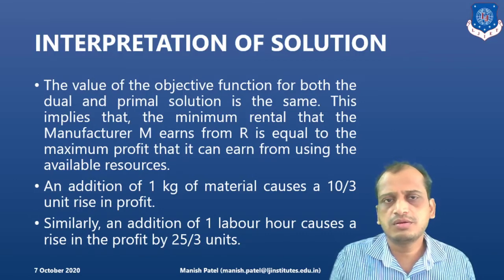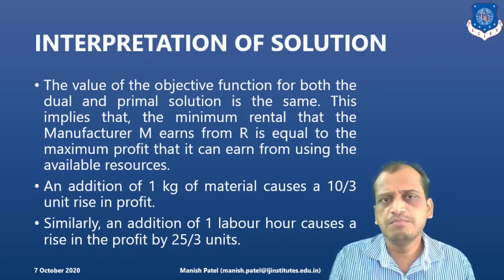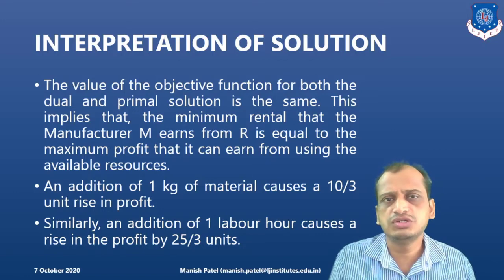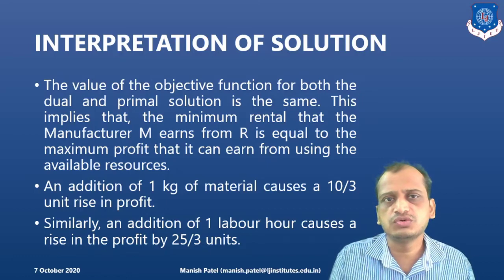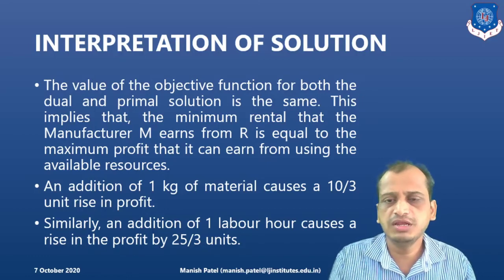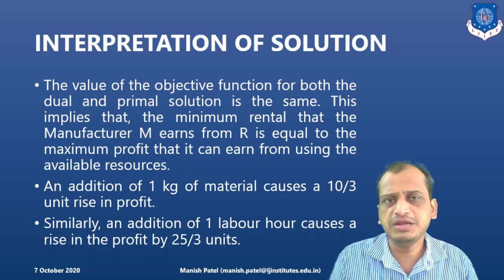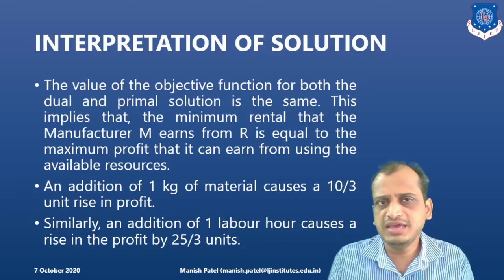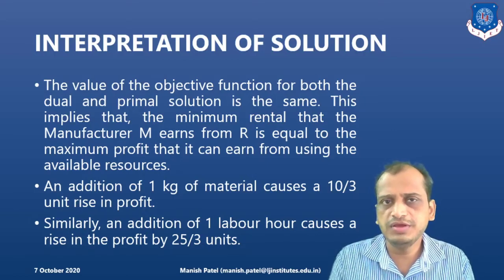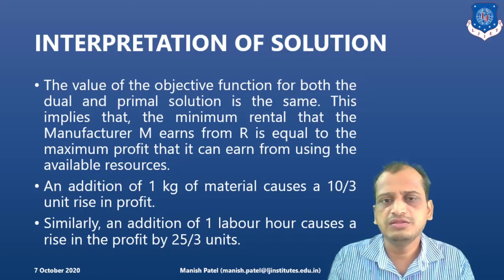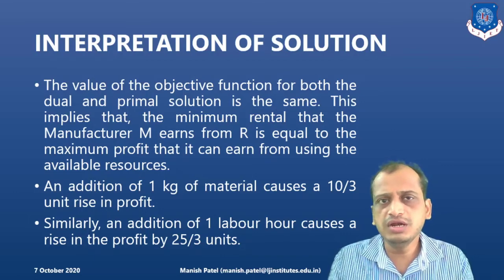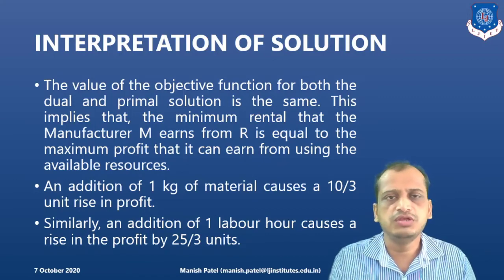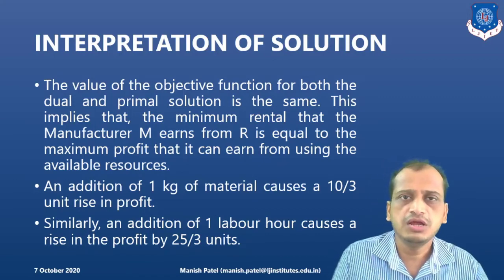But when the manufacturer is renting, the minimum rent derived is 1000 rupees, with the optimum utilization of the per unit resources available. Or in another way, you can interpret that an additional 1 kg of raw material will increase the profit by 10 by 3 units. In the same way, a 1 unit increase in labor hours will increase the profit by 25 by 3 units. So that is how you interpret the dual problem.